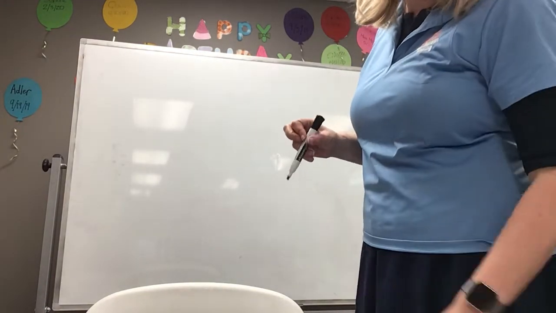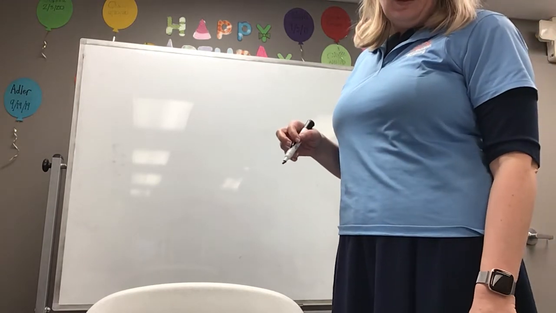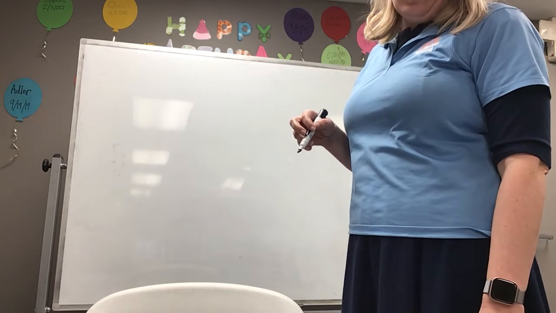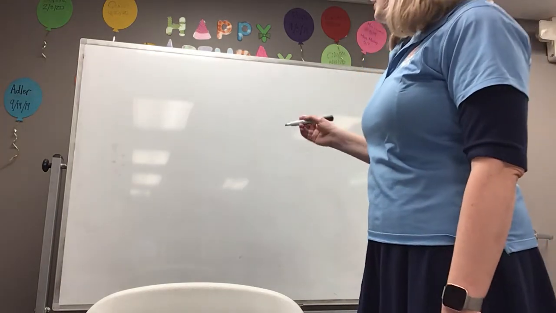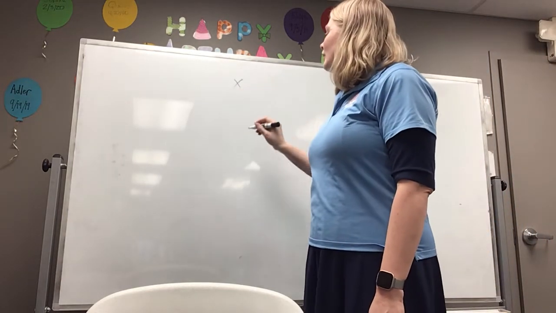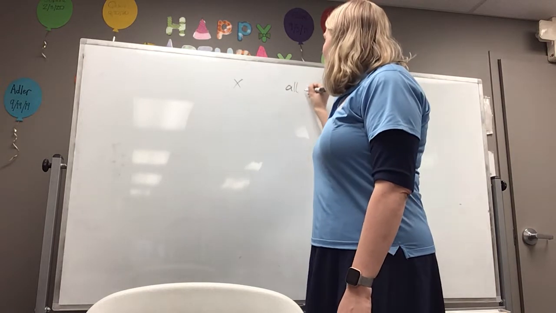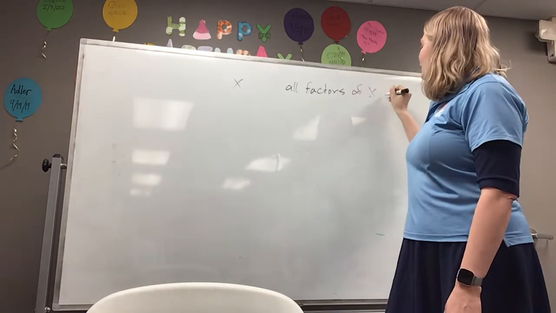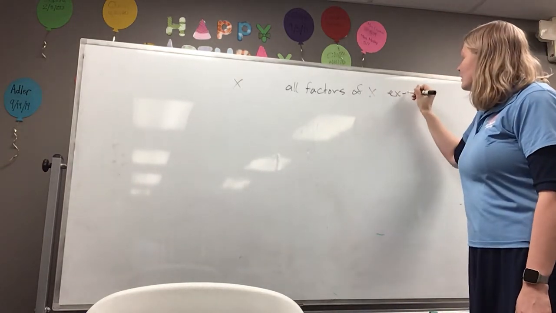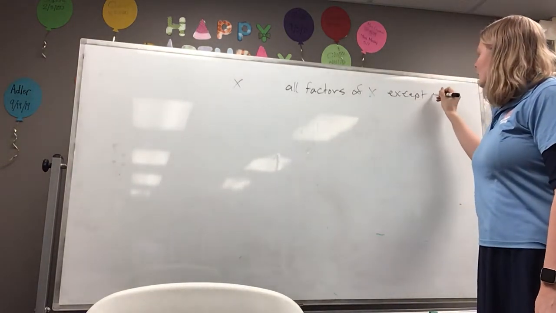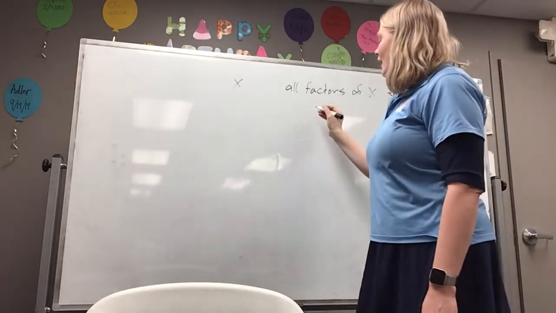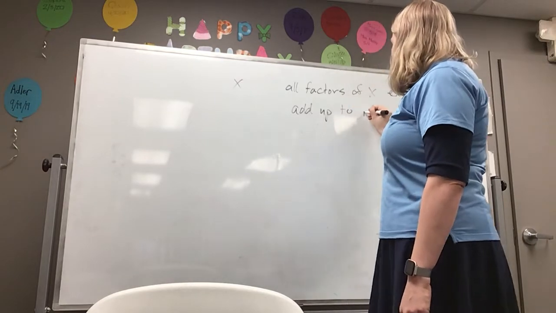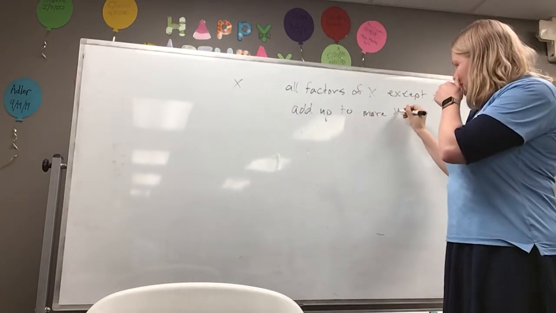It says an integer is abundant if its positive integer factors, excluding the integer itself, have a sum that is greater than the integer. So the idea is, given a number x, all factors of x except x that add up to more than x.